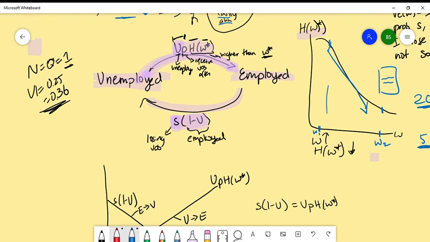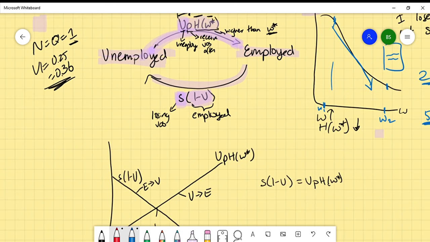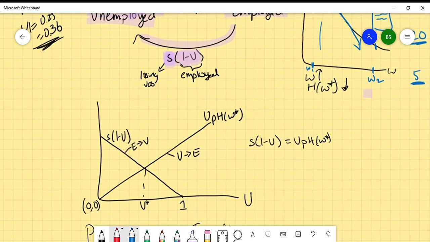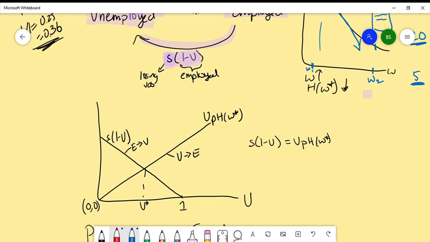So now that we've gotten that over with, let's put the two graphs together, the employed to unemployed line and the unemployed to employed line. This line over here is the unemployed people who get a job offer, whose job offer wage is higher than their reservation wage. So this is the people who go from unemployment to employment.